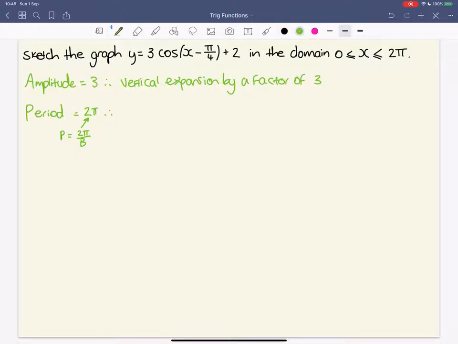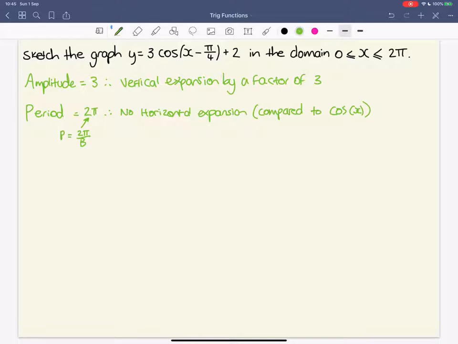Therefore, we have no horizontal expansion, compared to cos of x.